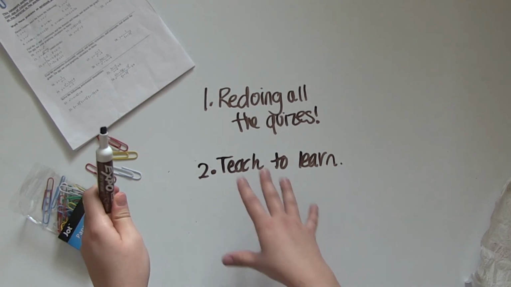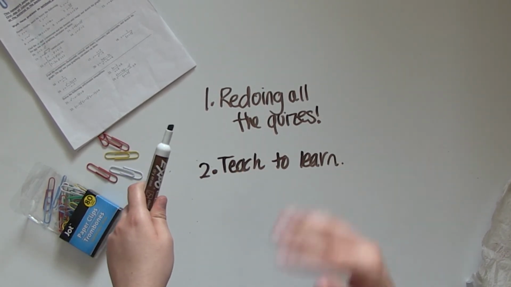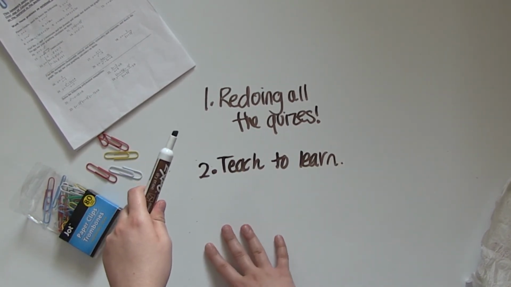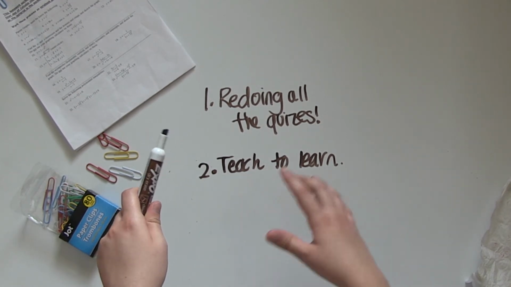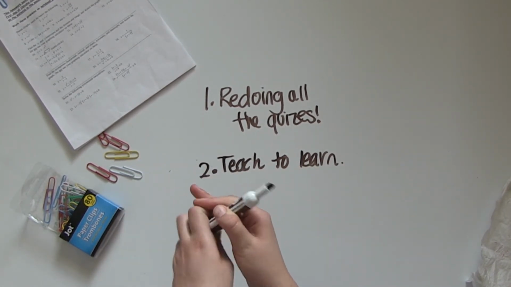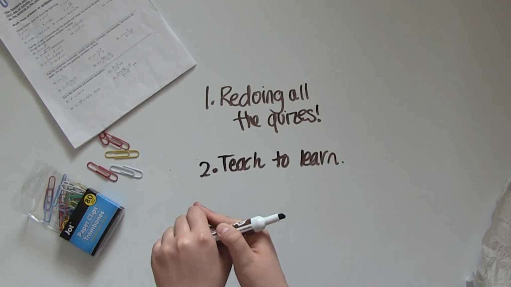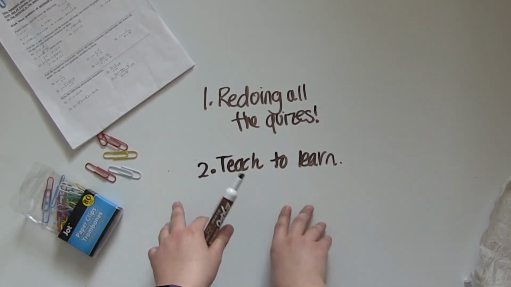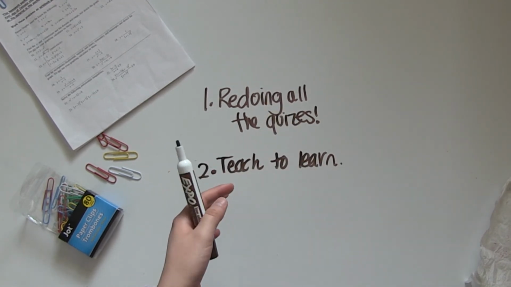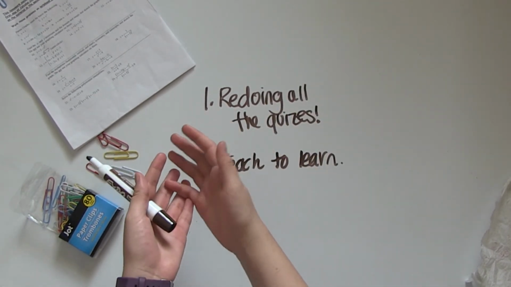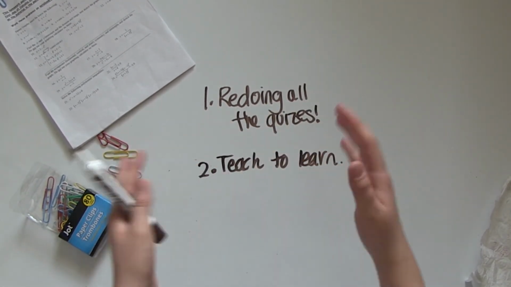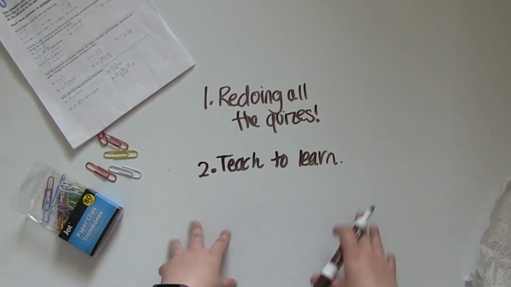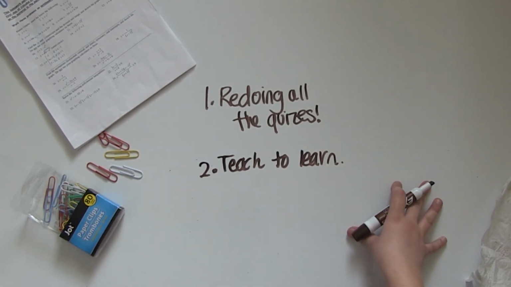So if you can teach it to a friend or tutor it to someone, that would be great. But if you don't have anybody, teach it to the air. Teach it to anyone. And having that mindset that you're teaching it to someone will help you understand it better. And I would recommend investing in a whiteboard like this.